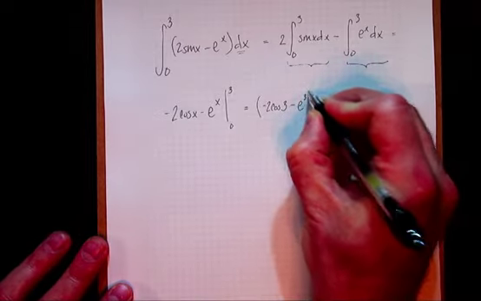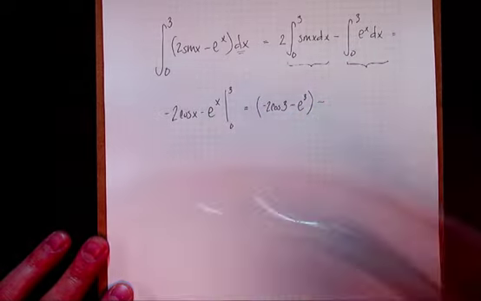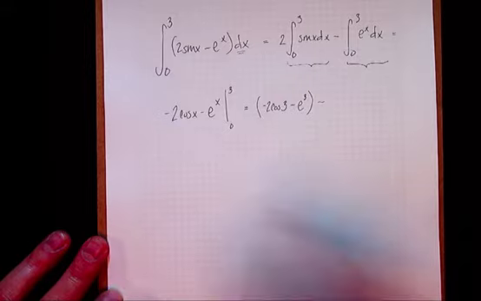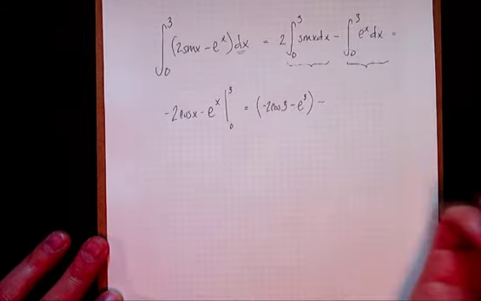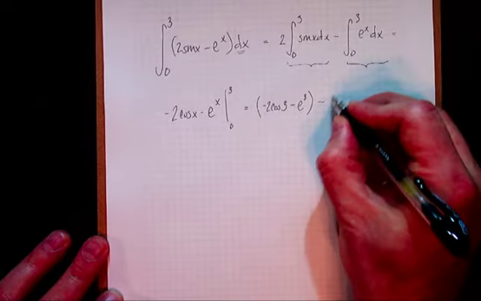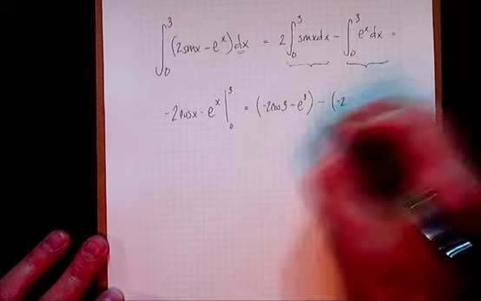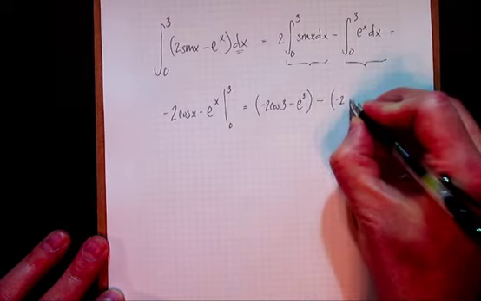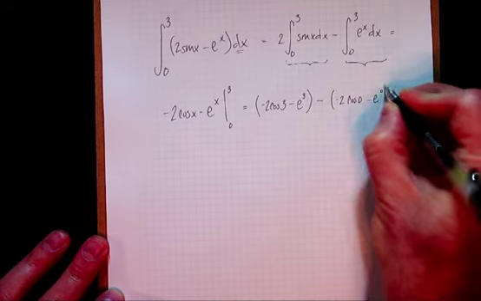And then e cubed. And you're like, oh, well, plugging in 0 is just going to be 0, right? Well, not true, because cosine of 0 is 1, and e to the 0 is 1. And so what I have here is negative 2 times 1, minus e to the 0.